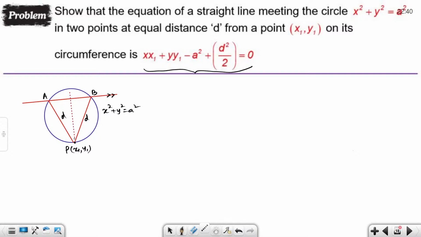The perpendicular bisector of AB is this one, and your point P is lying on it, right? Because the distances are equal.